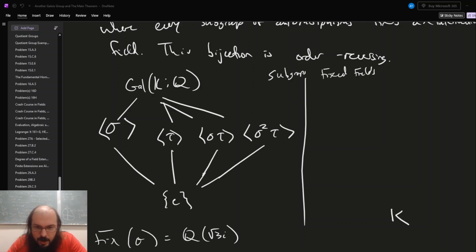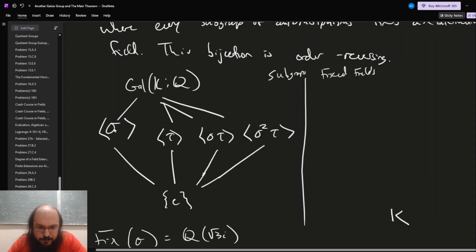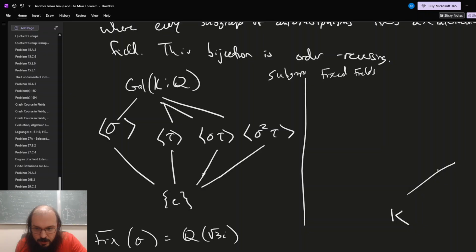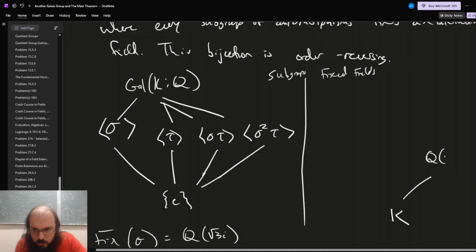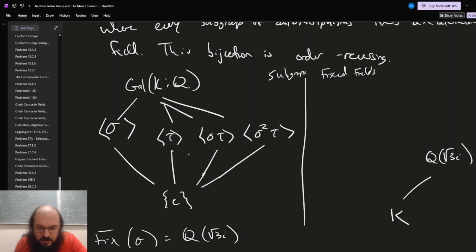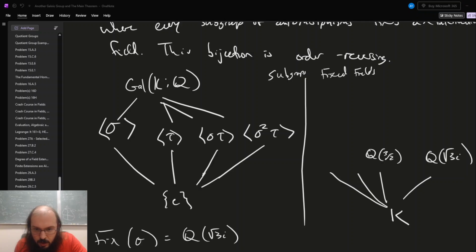Going up and looking at our intermediary guys, sigma's fixed field is this Q adjoin square root of 3i. And I'm going to intentionally try to draw the picture sort of upside down. We worked out tau's fixed field. Tau's fixed field has the cube root of 2. And then I worked out sigma tau, and I guess I didn't work out sigma squared tau.